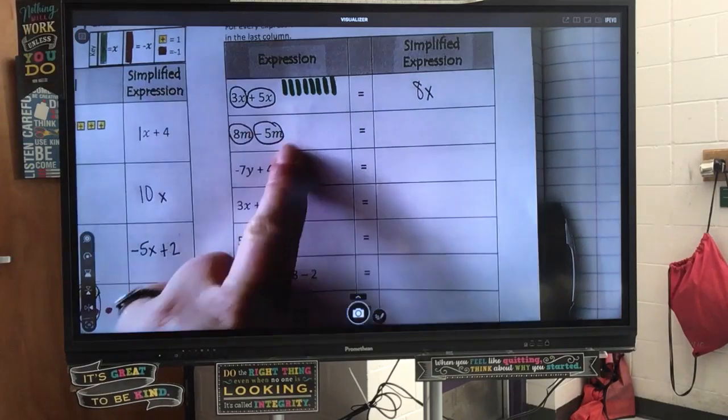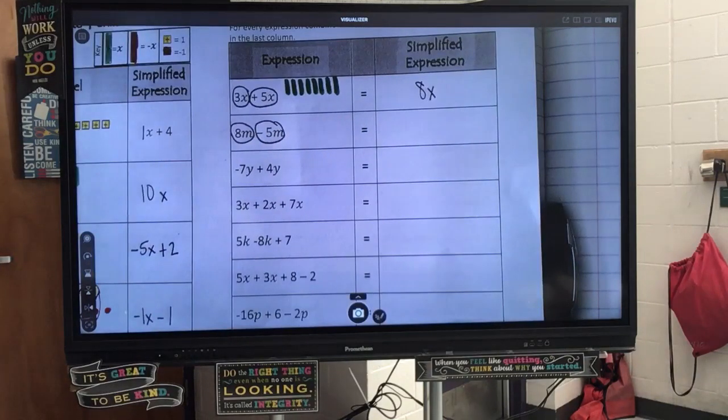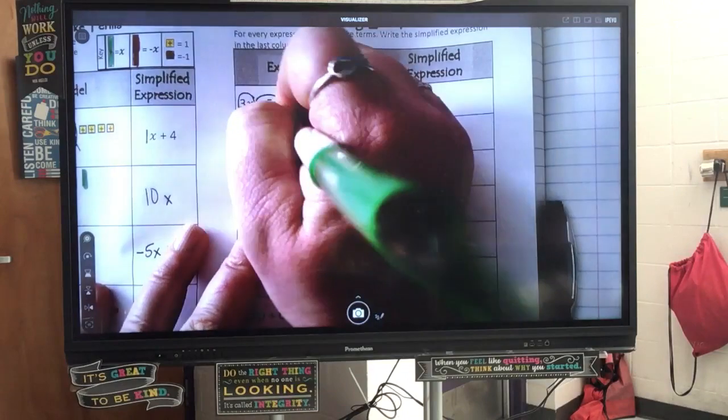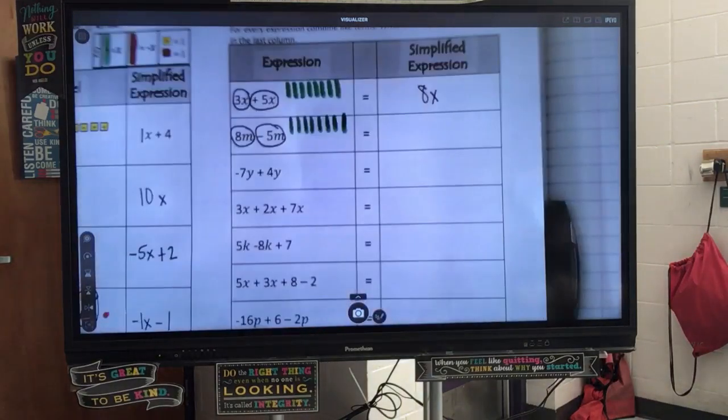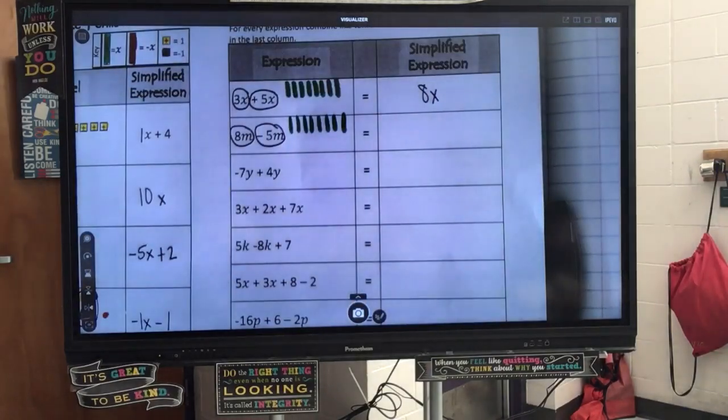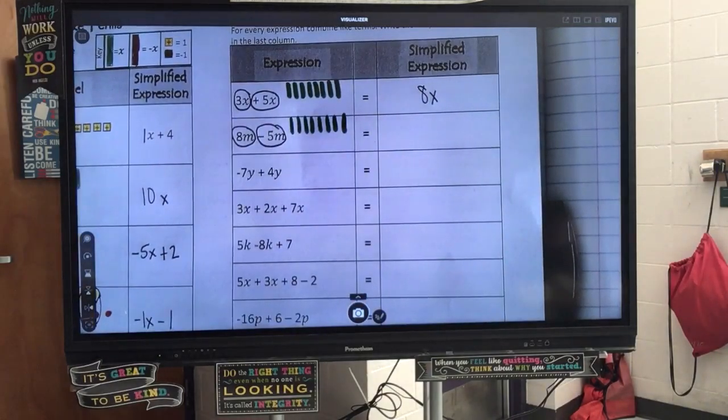That I'm gonna put right here. Huh? 8. Yes. And why am I gonna have 8? Ronnie, do you know? Okay, and thank you for being honest. So Ronnie is not sure why we're putting 8 green bars there.